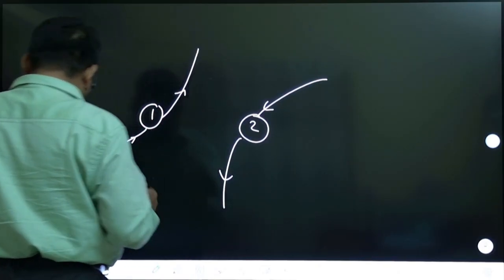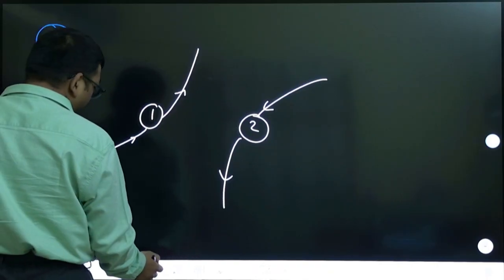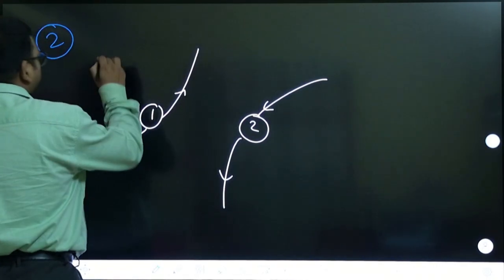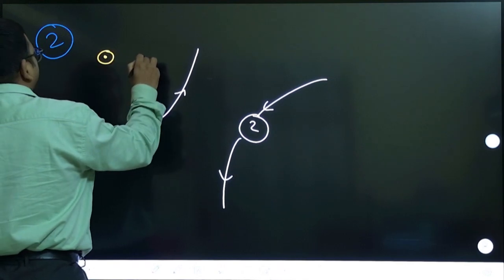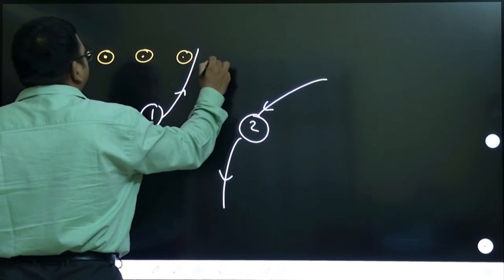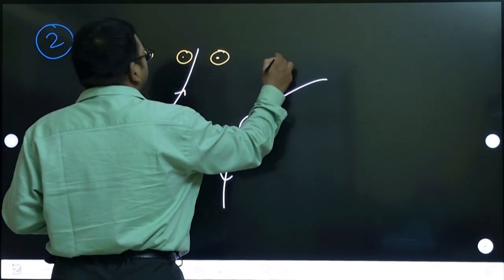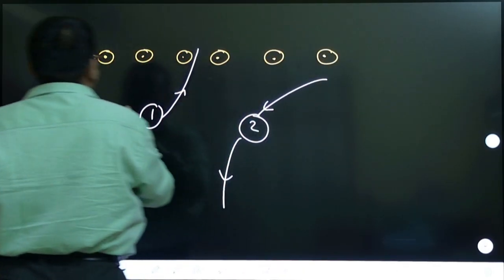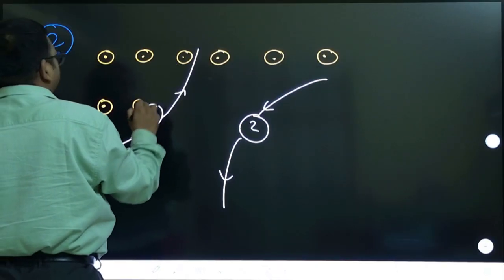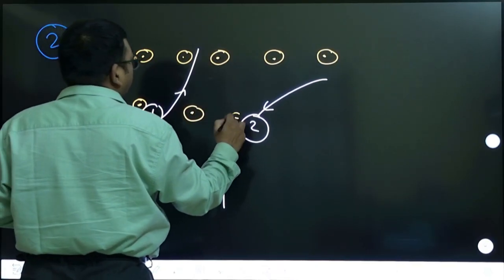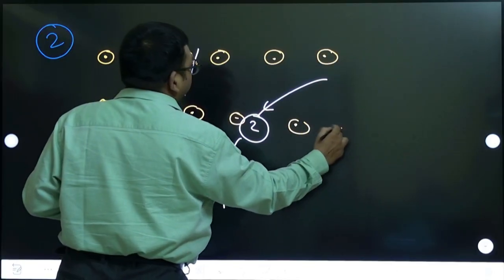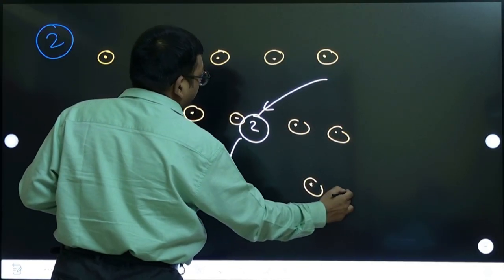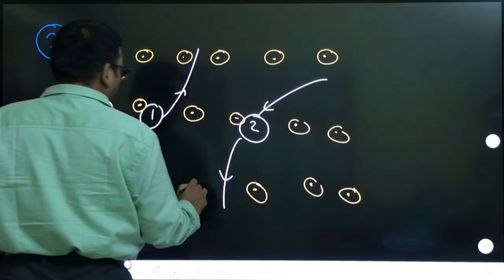The magnetic field is directed outwards. Magnetic field outward means dot dot, dot dot, coming out. The magnetic field is perpendicular and it is coming out of the plane.